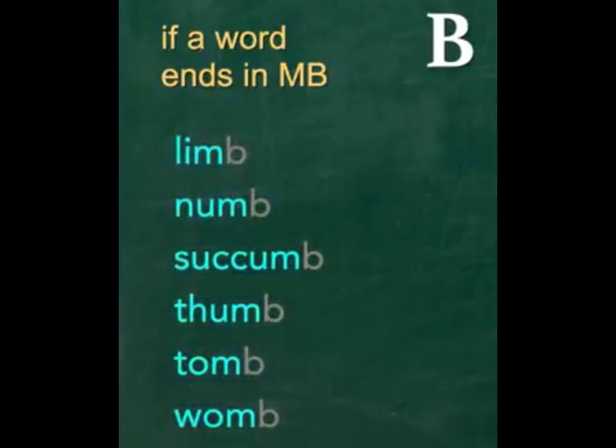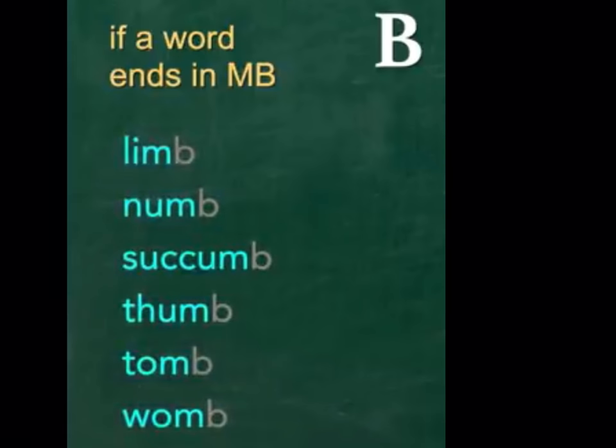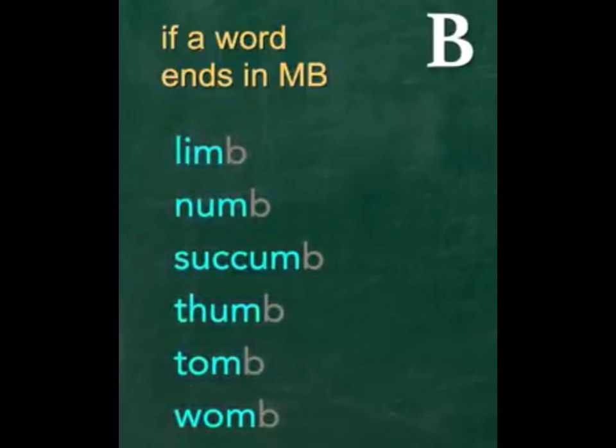Occasionally, the B is silent after M. Okay, so occasionally, sometimes, once in a while, the B is silent after M in the middle of a word, like climb, here. If a word ends in MB, these are still silent.